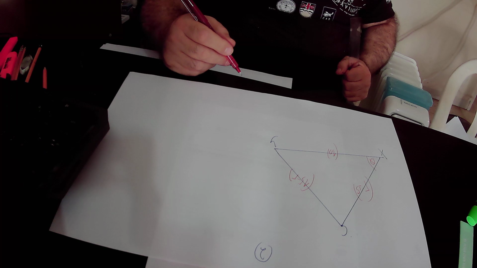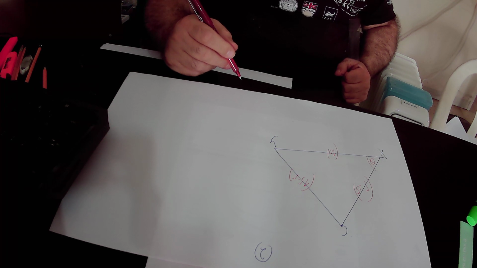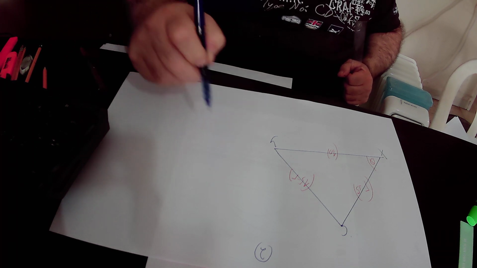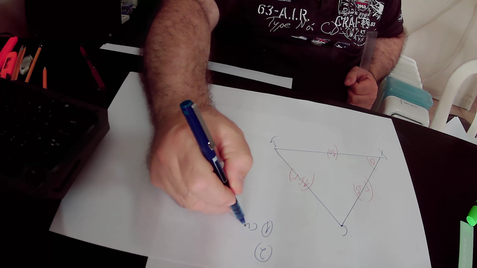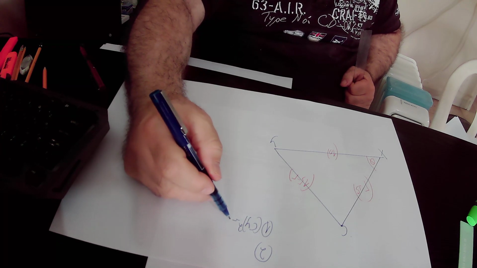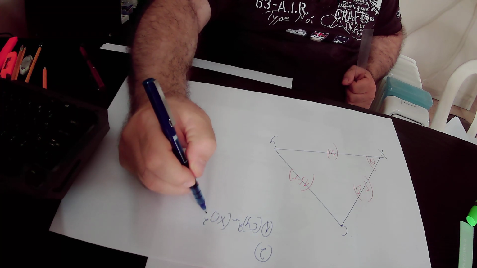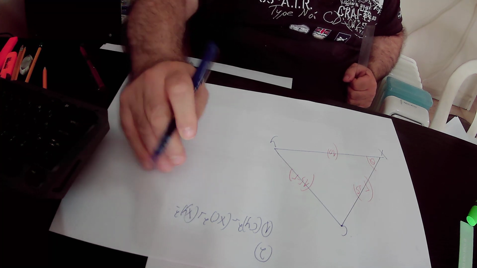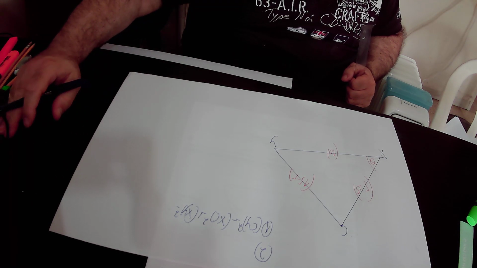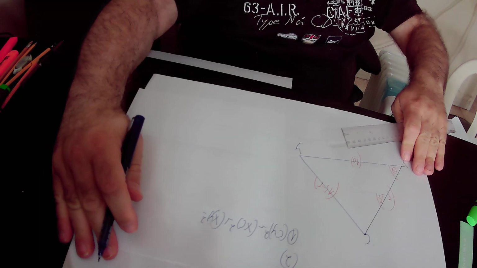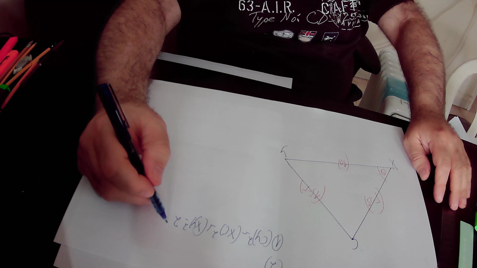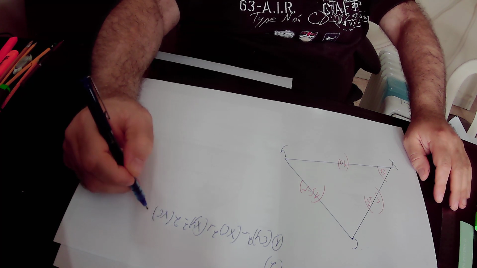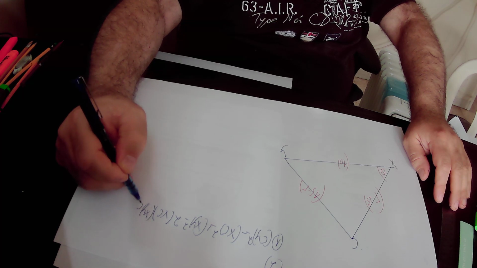So according to the law of cosines in triangle XCY, we will get that Cy squared, this will be equation number 1, Cy squared will be equal to xc squared plus xy squared minus 2 times xc times xy times cosine theta.